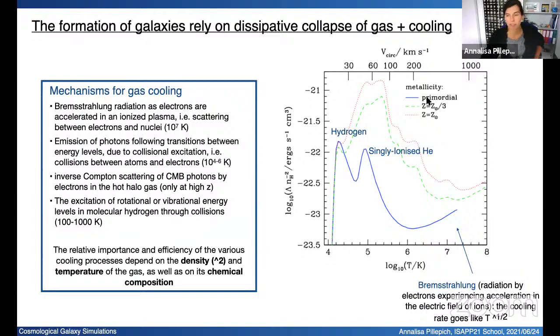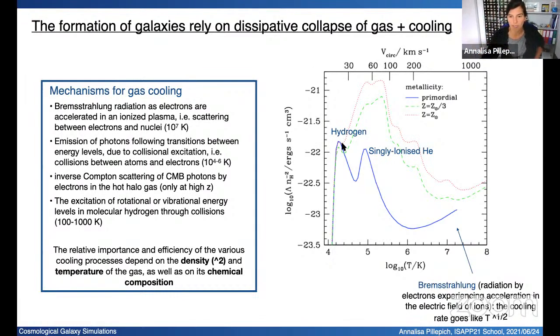So for example, if you look at the blue curve, this is a gas of hydrogen and helium only. If the gas was very, very hot, we would only have Bremsstrahlung. But at lower temperature, say the atoms are neutral, you can have energy jumps of your electrons.